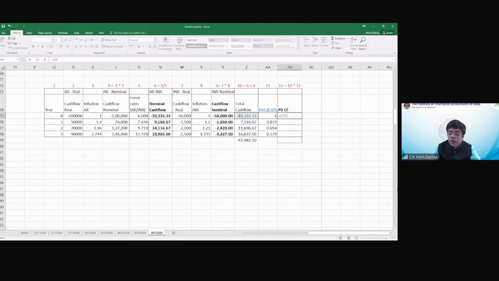I'm going to multiply the nominal cash flows with the respective PV factors and then take the total. So my total is coming to, this is my NPV, negative 59,321. One more important thing, as I mentioned in the previous question, amounts are in thousands. Please do not forget that.